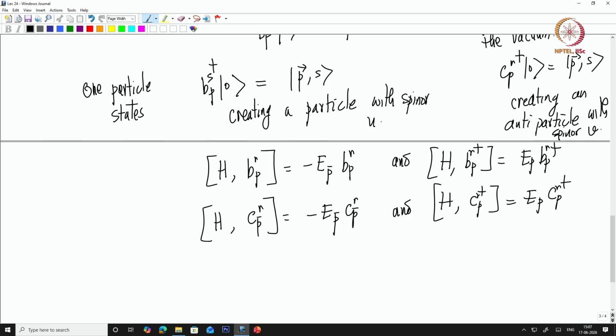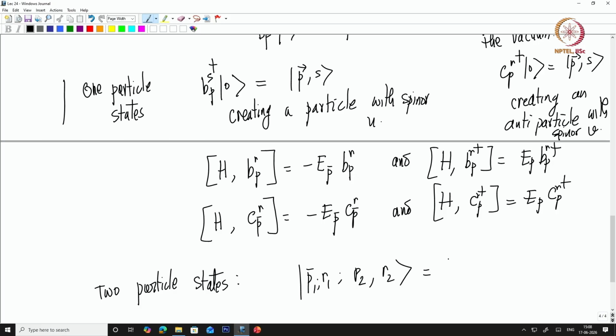So you can construct these one particle states just like I have written. Now the fun comes if you have two particle states, say n particle states, but we can always generalize. Let's consider two particle states. If you want to have p1 with spin r1 and p2 with spin r2, a two particle state, you need to apply b_p1 r1 dagger, b_p2 r2 dagger on the vacuum.